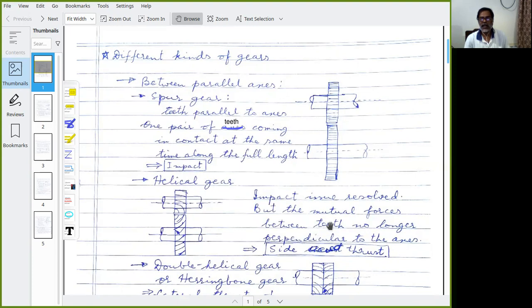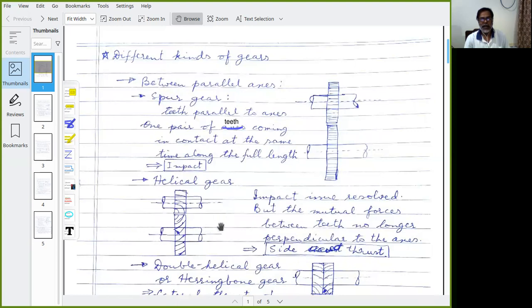So that axial thrust is something. On this one, if the axial thrust is this way, on the other one, axial thrust will be the other way. So this is a new problem that comes from helical gear, which was not there in spur gear.